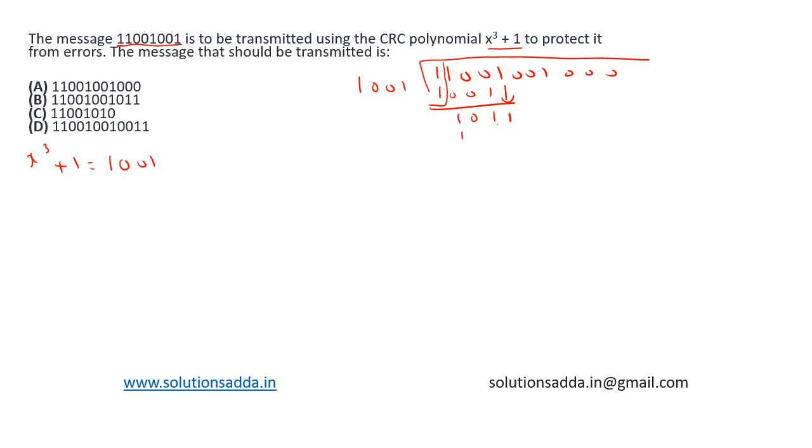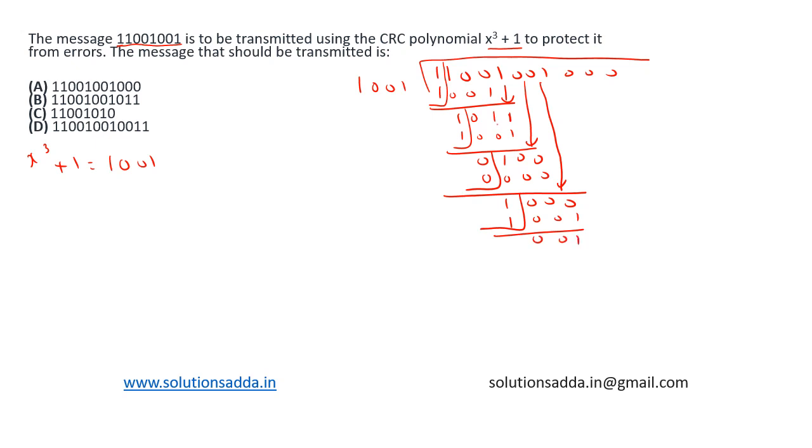Again dividing by 1 0 0 1 and ignoring the leading bit, we get 0 1 0 0. Now it will be 0 0 0 0 0. Removing this, we'll get 1 0 0 and this 0. Then we'll again get 1 0 0 1. Ignoring this, we'll have 0 0 1, and then we bring this one down here.